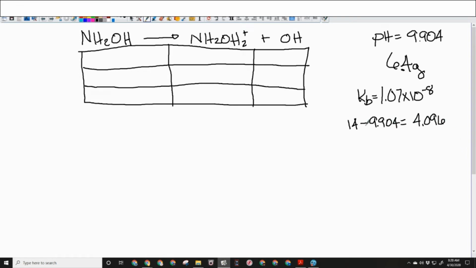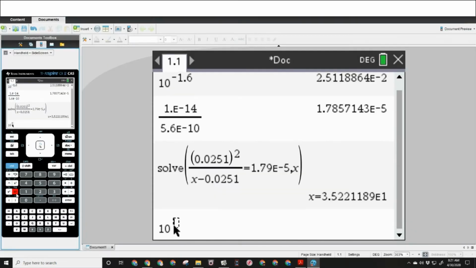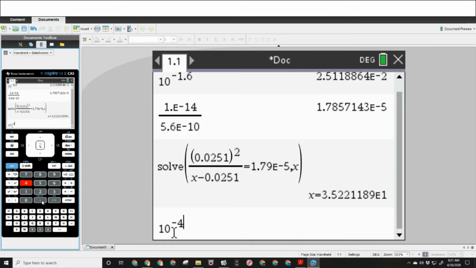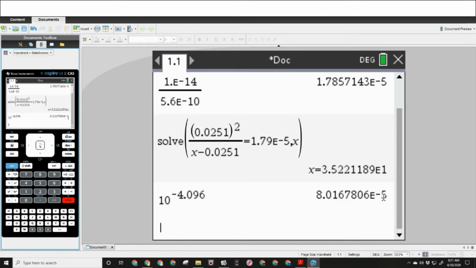Now, since this is the pOH, I can get the concentration of OH from that. So 10 to the negative 4.096, and that's going to give me 8.02 times 10 to the negative 5th.